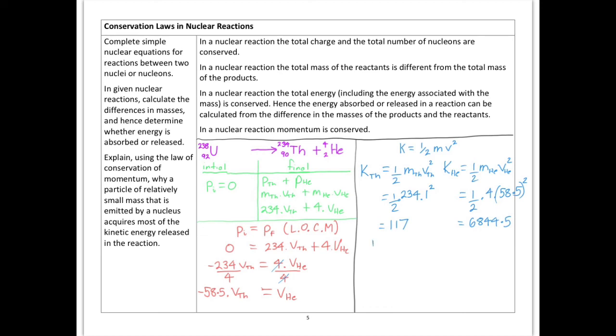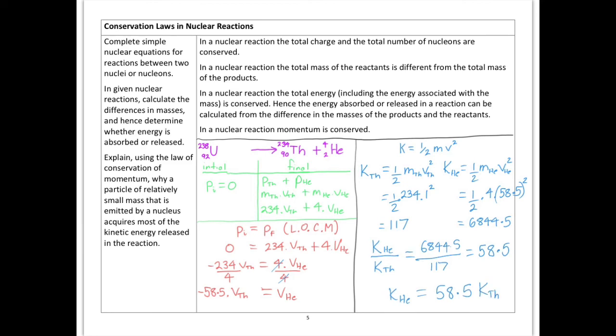And so if we work out the relative amounts, what's the kinetic energy of the helium divided by the kinetic energy of the thorium? 6,844.5 over 117, and that works out to be 58.5, related to the original velocity. So the kinetic energy of the helium is 58.5 times greater than the kinetic energy of the thorium.